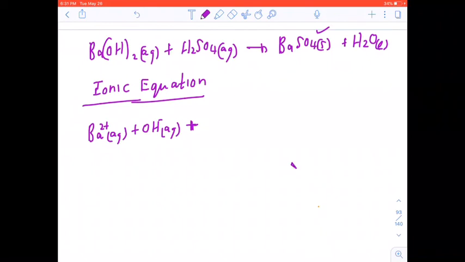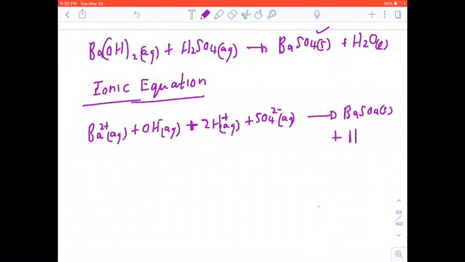It gives us H plus, but we've got two of the H pluses, right? Aqueous plus SO4 2 minus aqueous, which will then give me BaSO4 the solid plus H2O liquid, right?